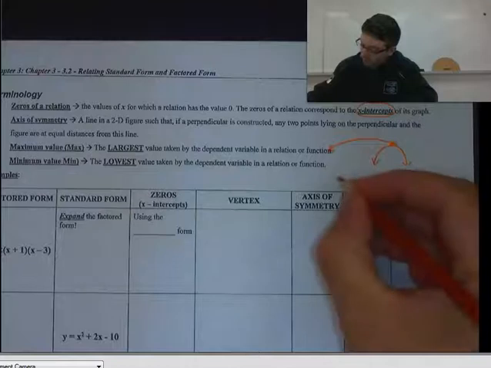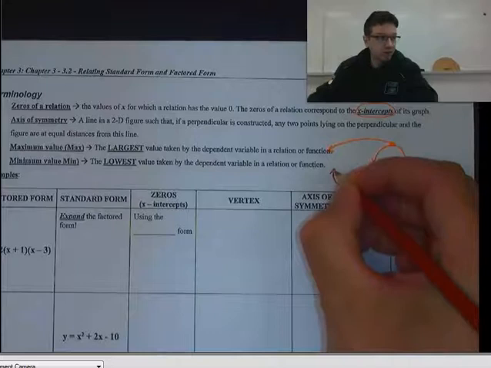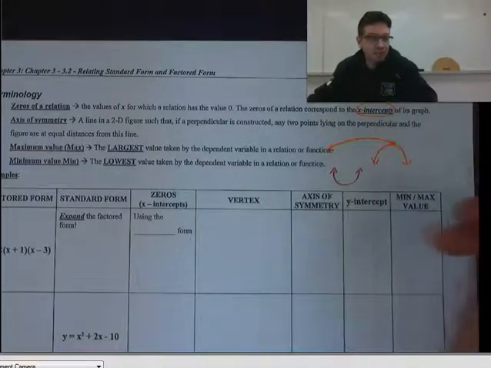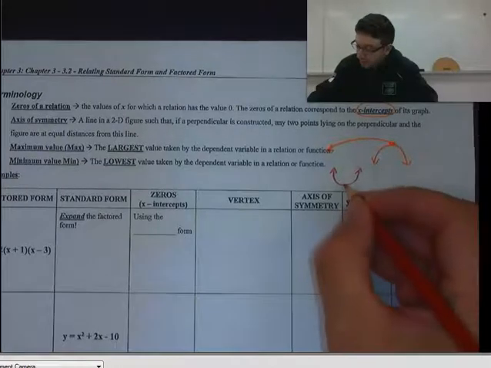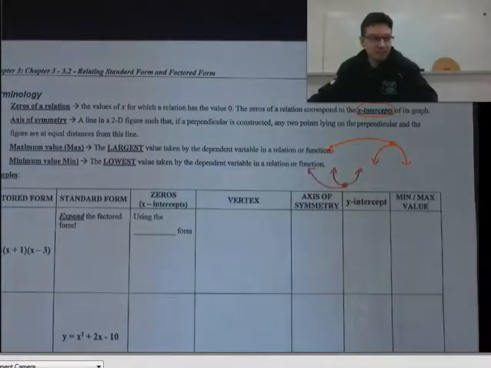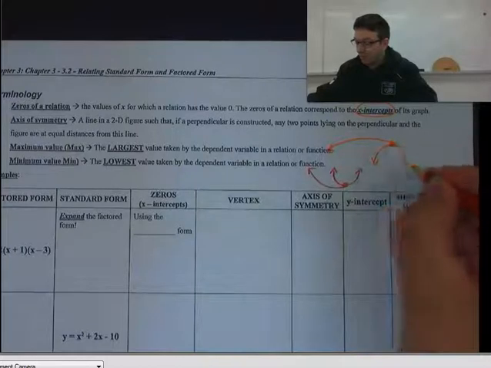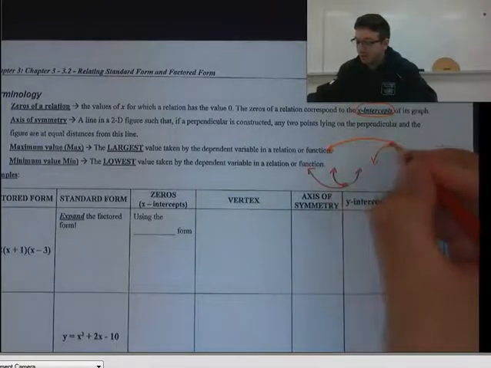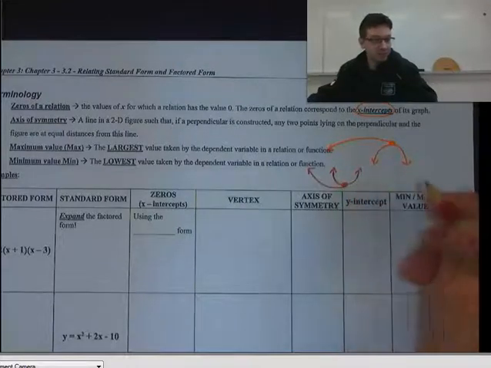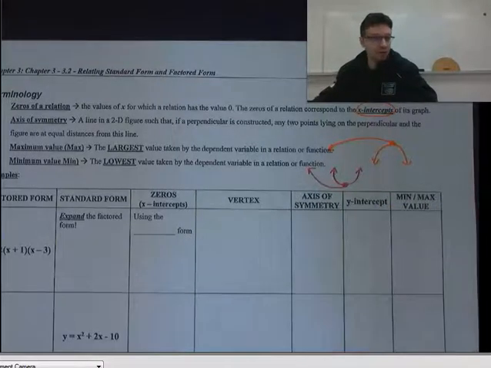However, if your quadratic opens up, it's going to go up forever. So you're not going to really have some maximum value, but you will have a minimum value right down here. And those are your vertex. So your vertex on a parabola that opens down tells you what that maximum value is, and the vertex for a parabola that opens up tells you what that minimum value is. And you're only ever going to have one or the other, not both.